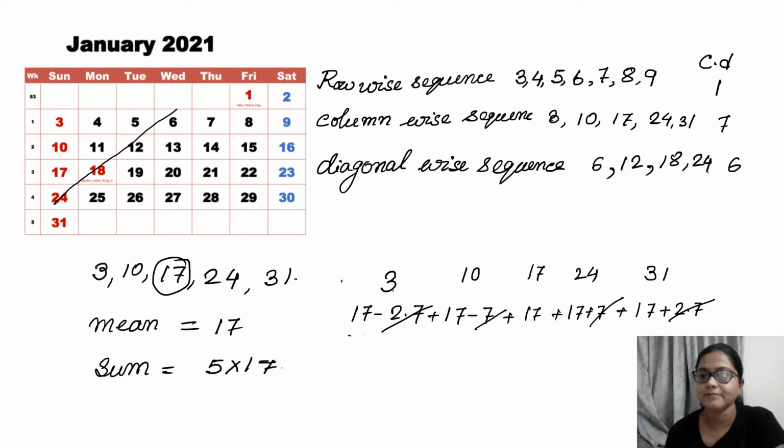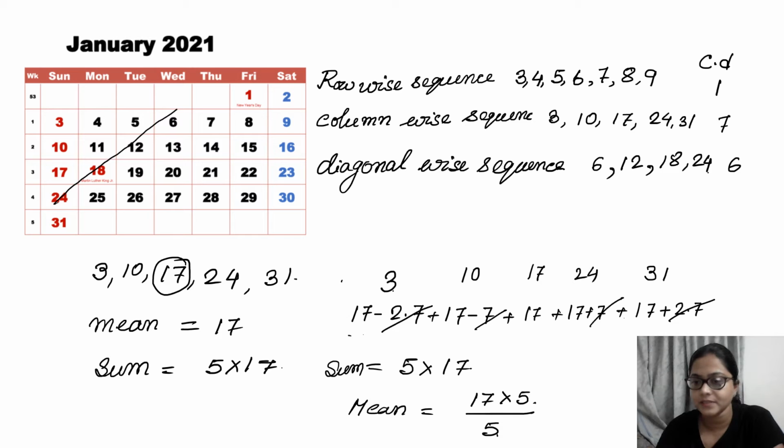See, we are getting 5 17s. That means the sum of the numbers in the sequence is 5 into 17. And the average, that means the mean, will be 17 into 5 divided by 5, as the number of numbers in this sequence is 5.